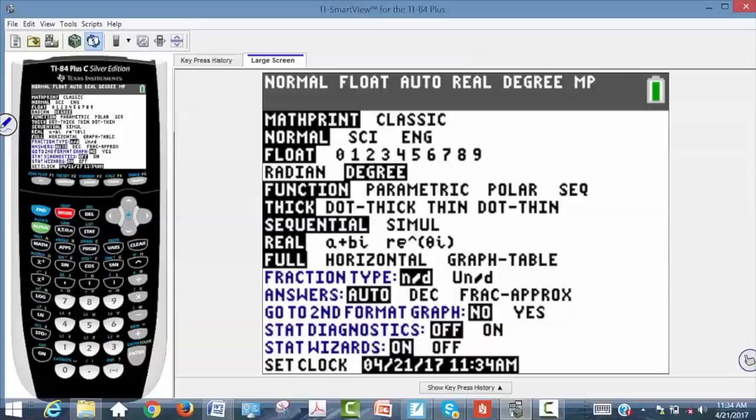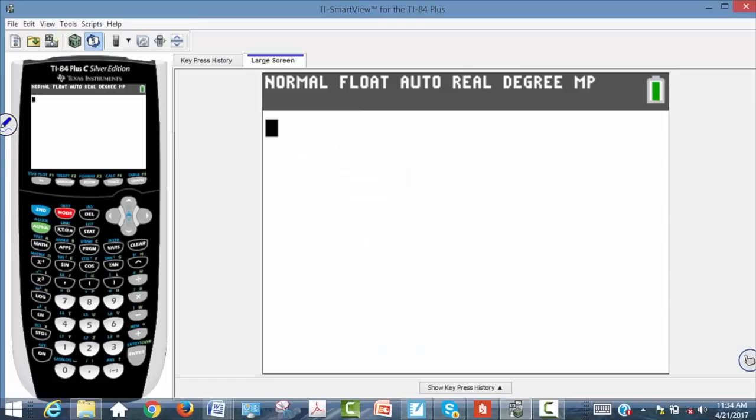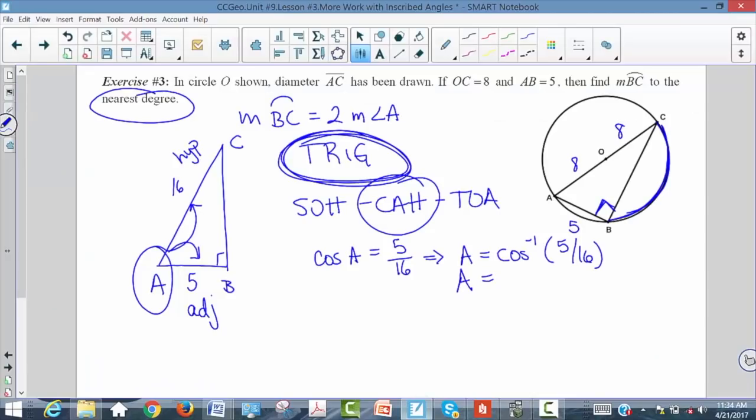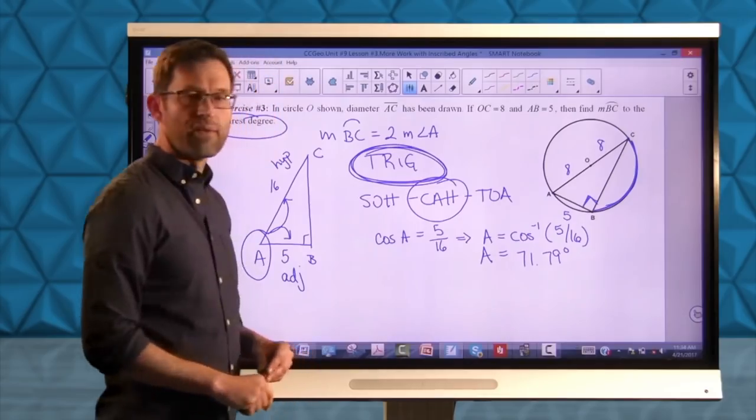But I am. Okay, I need the inverse cosine of 5/16, and that's 71.79, etc. So 71.79, let's say. So angle A is 71.79 degrees.